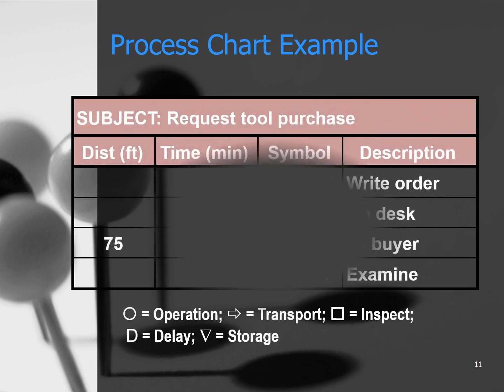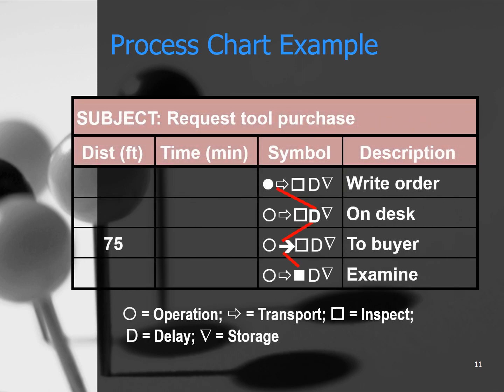For instance, this is an example of a process chart of a request tool purchase. We have the distance in feet, the time in minutes, the symbol, and the description. Okay, let's take a look at them one by one.